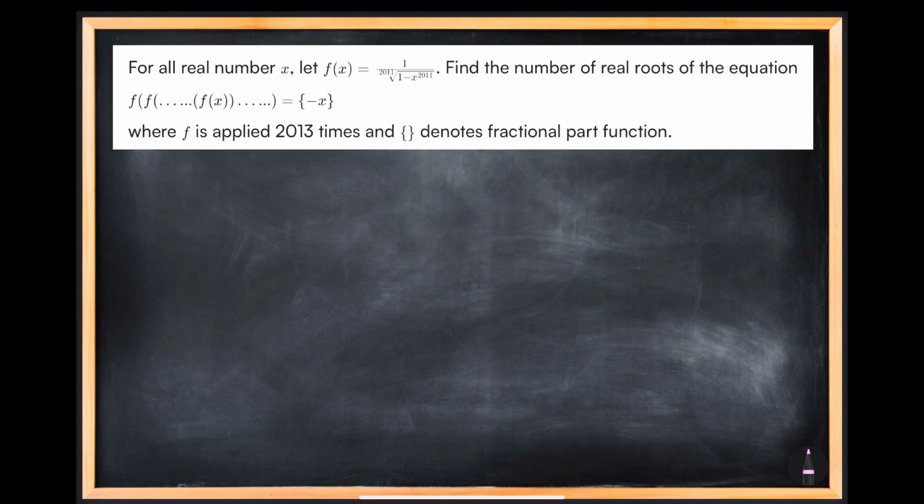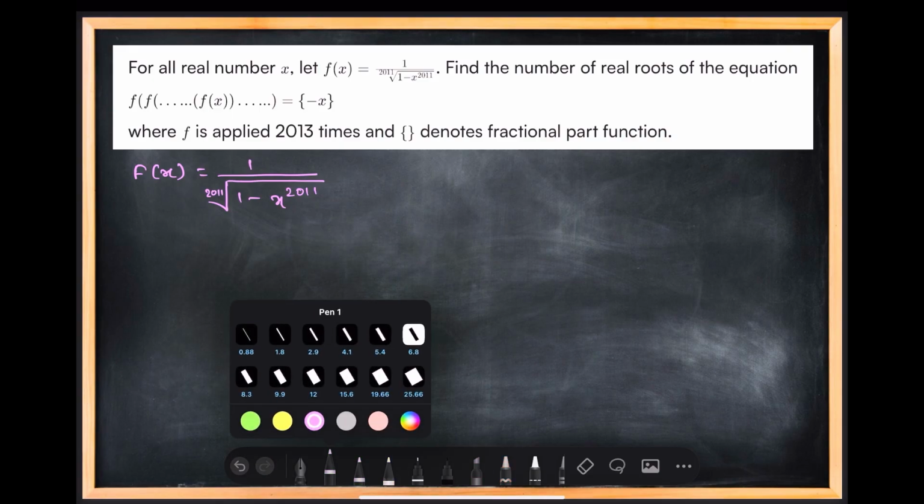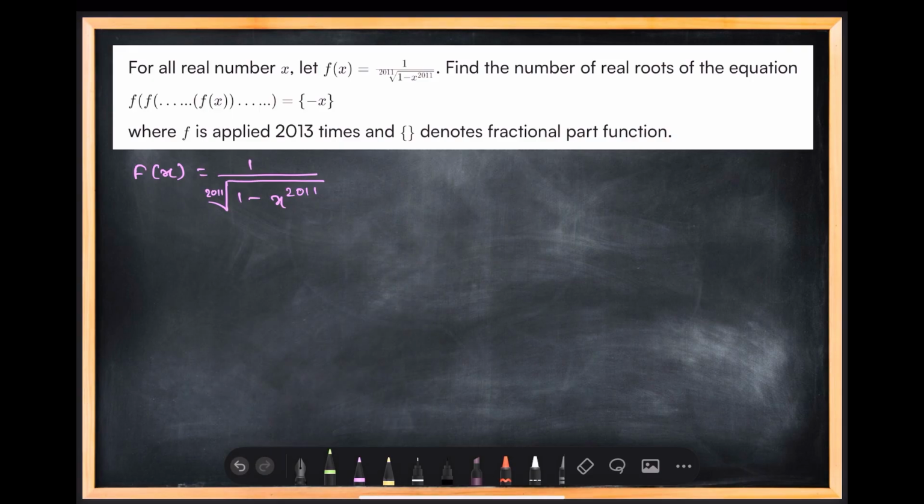So suppose that it is f of x. If it is f of x, we know that it is 1 by the 2011th root of 1 minus x power 2011. So this is your f of x. Now we will try to find out f of f of x, meaning 2 times f.